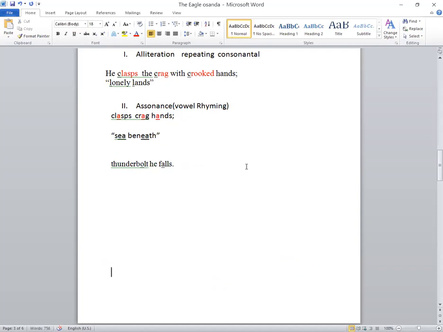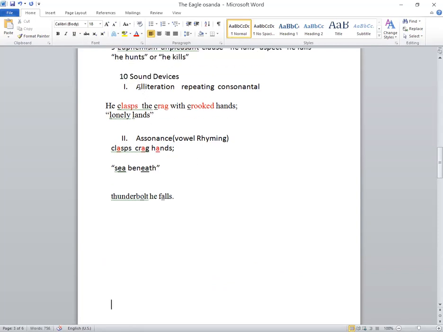Right. Now we studied alliteration, consonantal rhyming. Then we studied assonance, vowel rhyming.